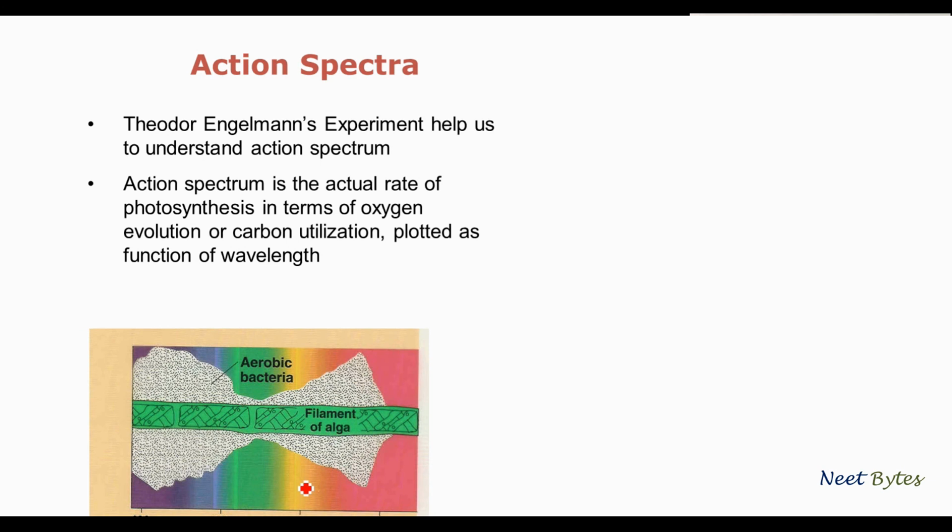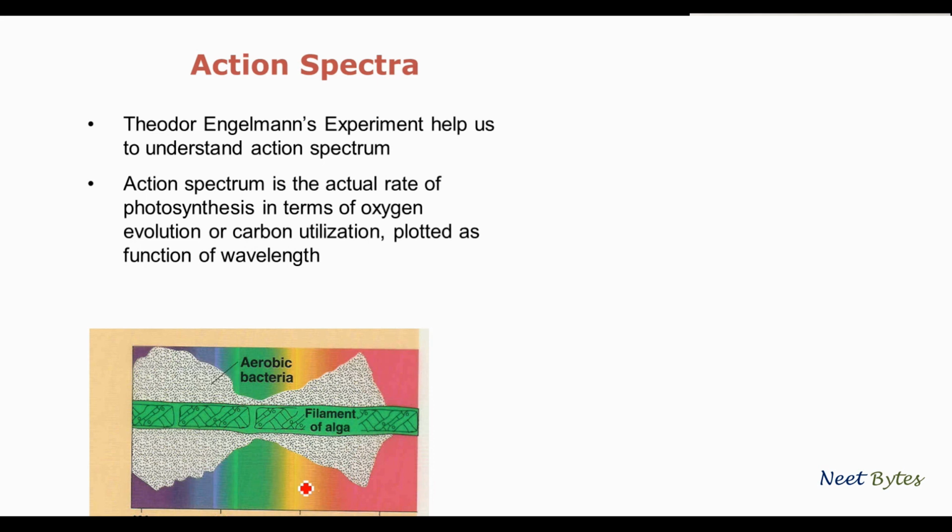With the help of a prism, he broke white light into seven colors and gave all seven lights to the green alga. What he observed was that in the blue region and in the red region, there was the largest concentration of bacteria, as you can see there. This is the blue region and this is the red region. So the maximum concentration of aerobic bacteria is observed, right?